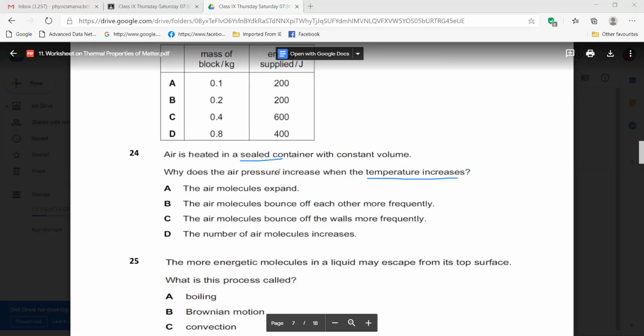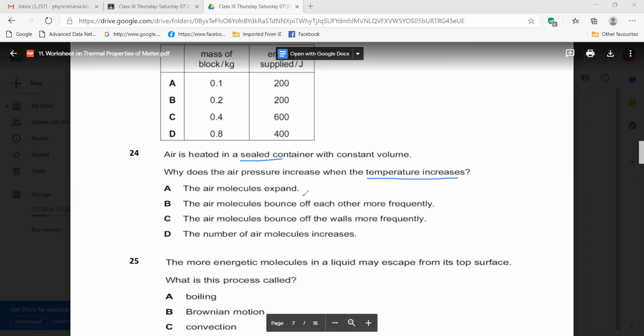If it was not a sealed container, then the volume would be increased, right? The volume will not be constant. That time we would have the answer A, the air molecules expand. Clear to you?